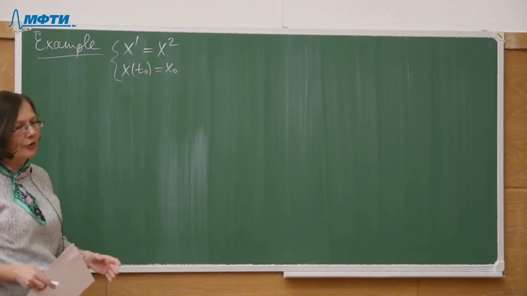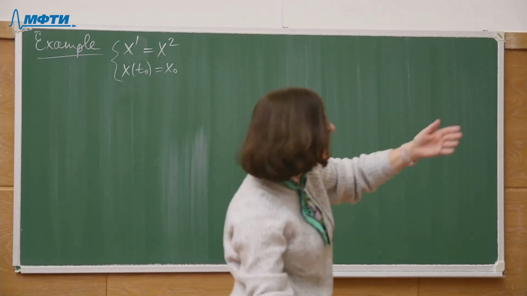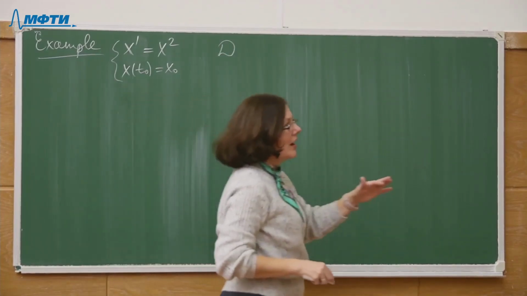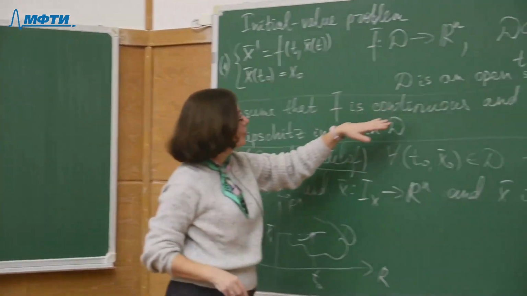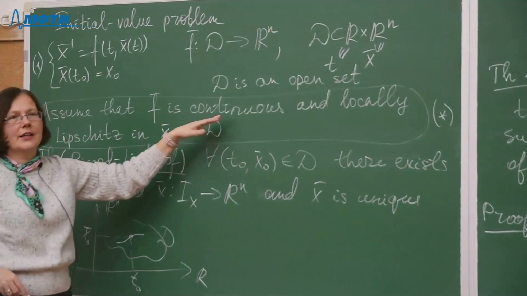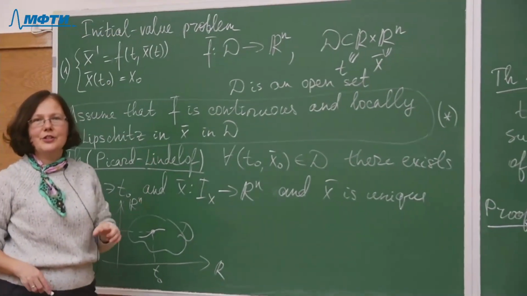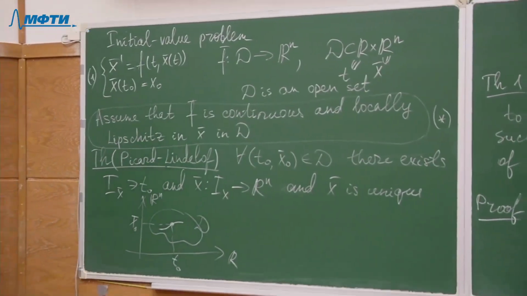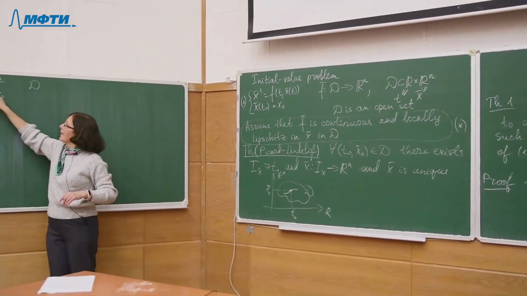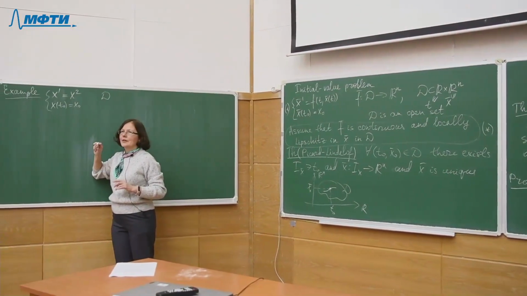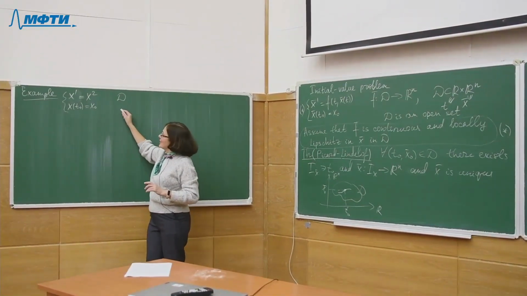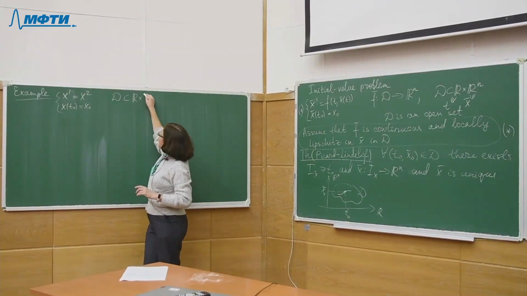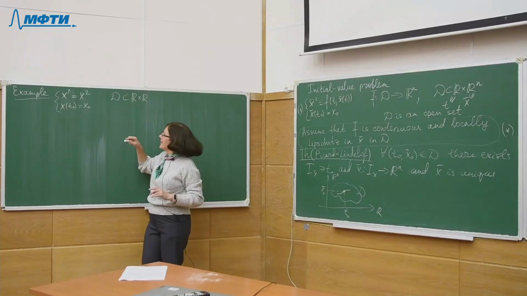So first of all, the first question, what is D? D should be a domain on which f is continuous and locally Lipschitz. Look at this function. What is the dimension of D? It is a subset of R times R, right?